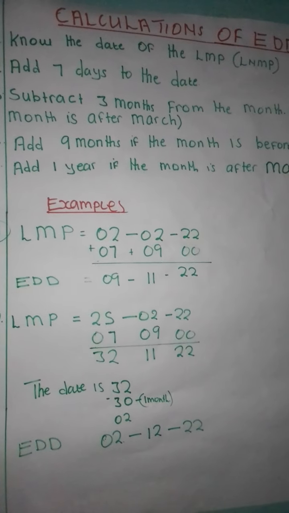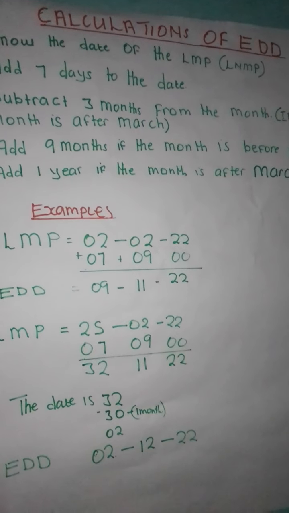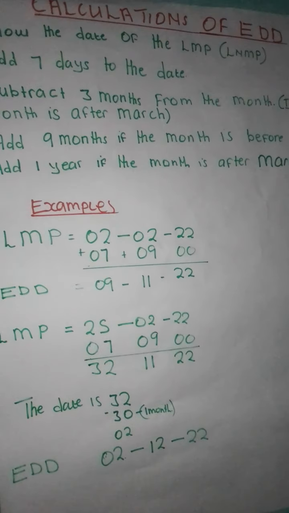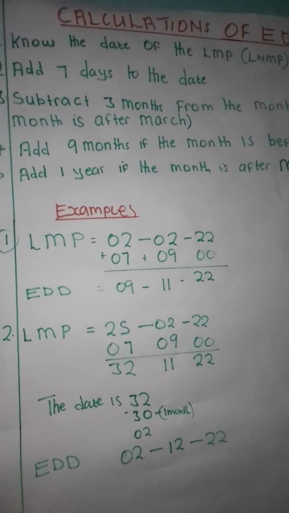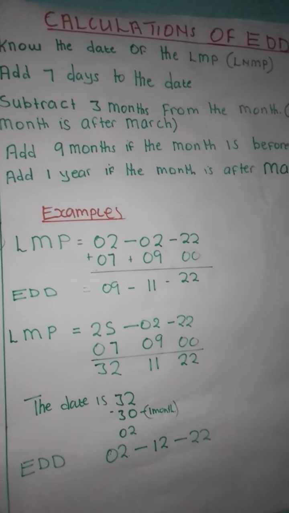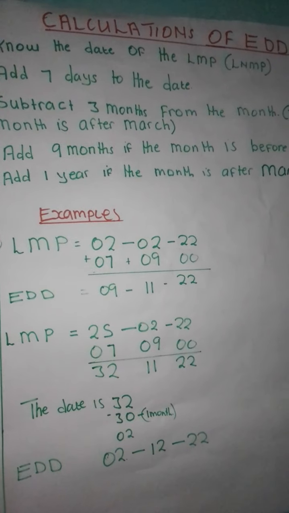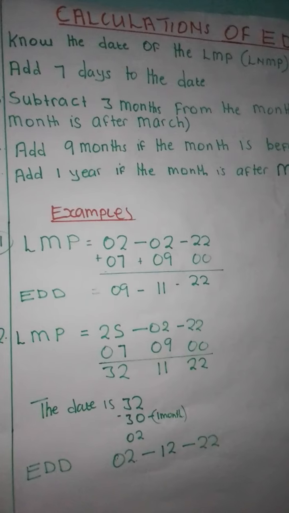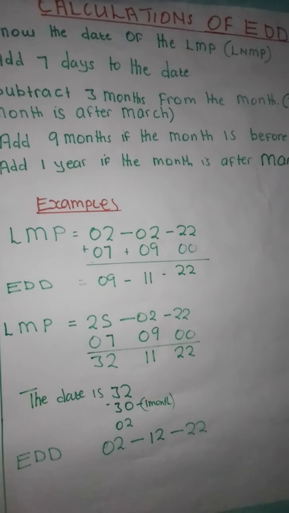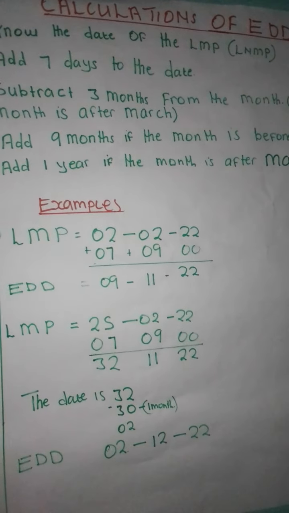So there are some things that you need to take note of, or some things that you need to know before calculating the expected date of delivery. Number one, you need to know the date of the last menstrual period. Number two, you need to add 7 days to the date.